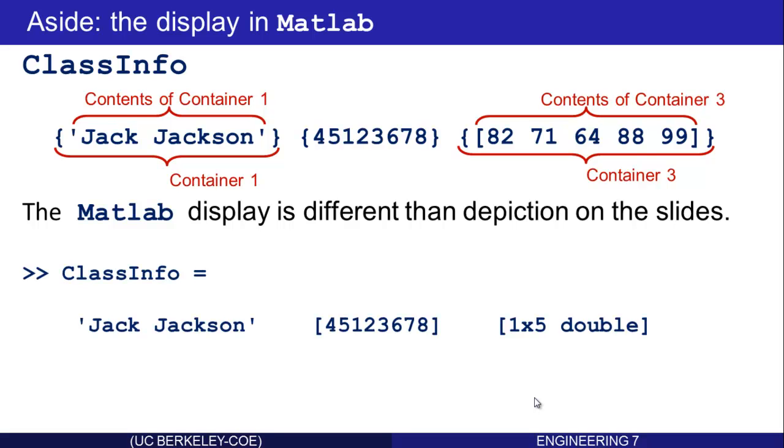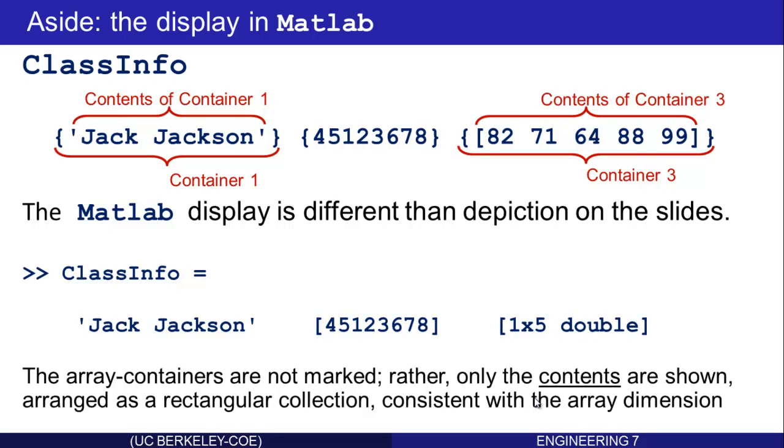Notice how it's a little different than what I have at the top of the slide. At the top of the slide, I've clearly delineated the containers with curly brackets. It's exactly how we place the objects in the containers. The display in Matlab doesn't show that explicitly. It only shows the contents arranged in a rectangular collection that's consistent with the array dimension.